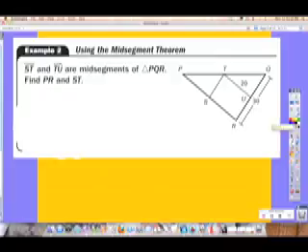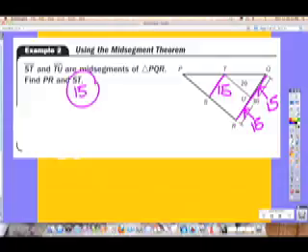This piece would have to be. There you go. Okay, done with that one. So ST is 15. Okay, over here, what else are we looking for? PR, where is it? Oh, this whole thing? Here's your hint. If this is 20, what's just this piece? So this piece? So the whole thing? Yeah, I agree with you.